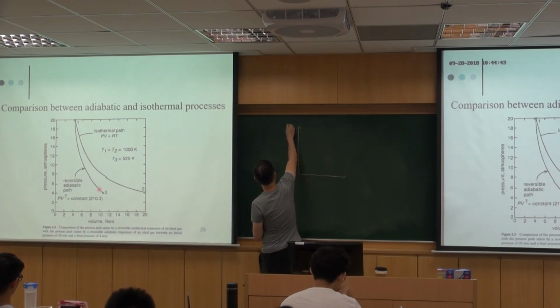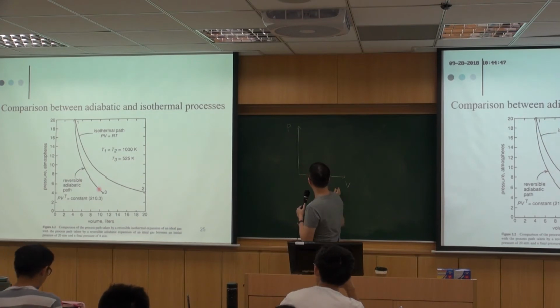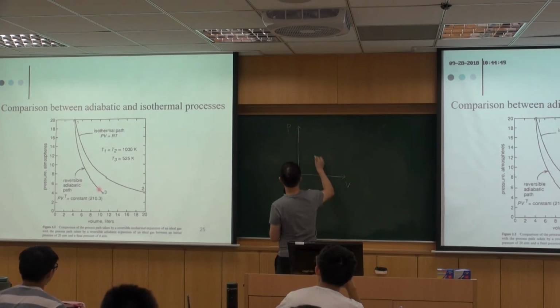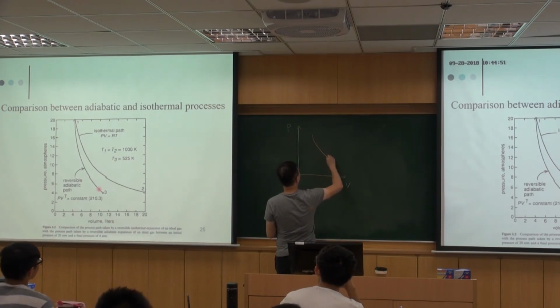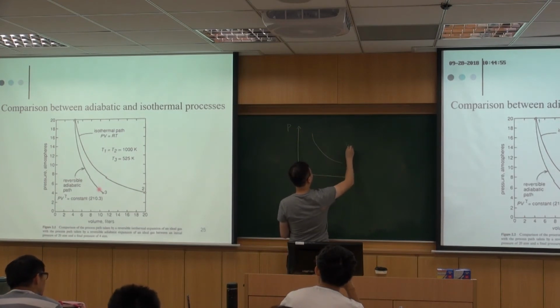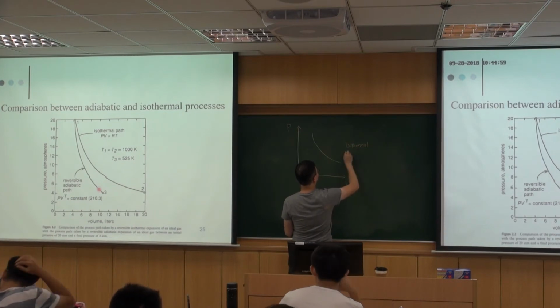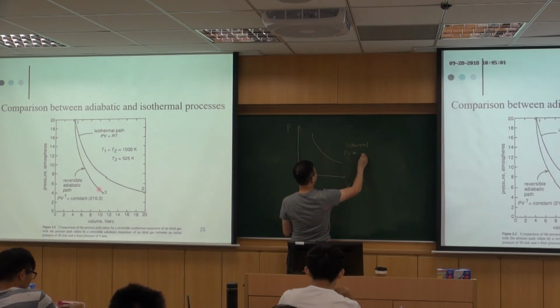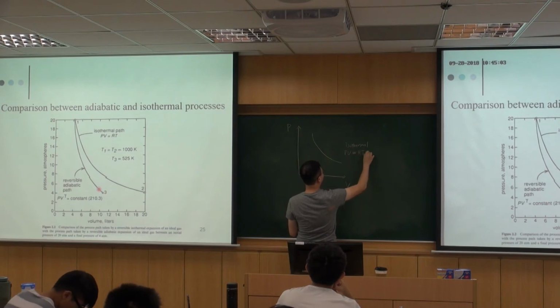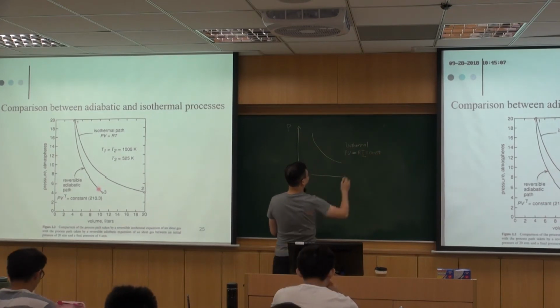So this is typically pressure for the vertical axis and volume for the horizontal one. And for the isothermal process, it's pretty straightforward. PV is RT, or you can say it is constant. So it depends on the temperature.